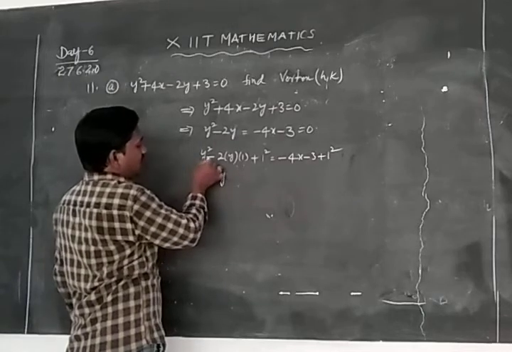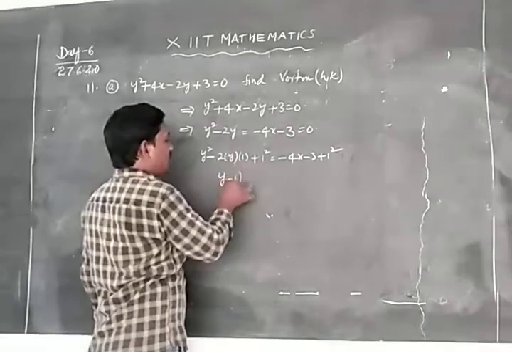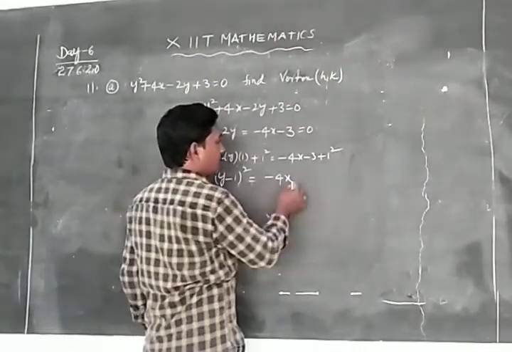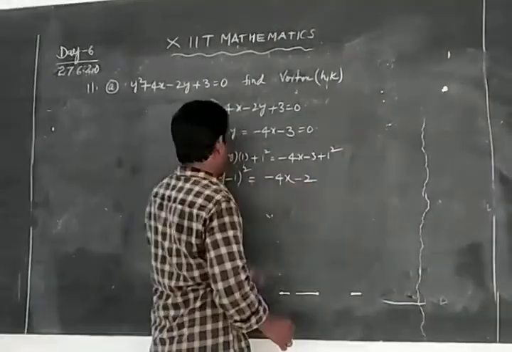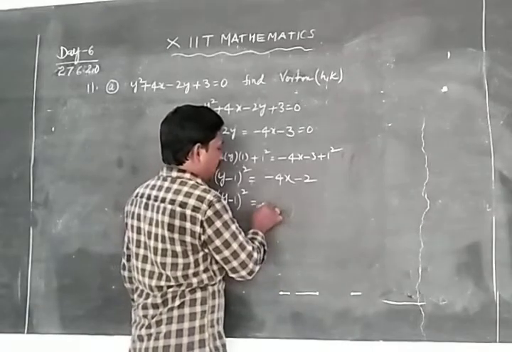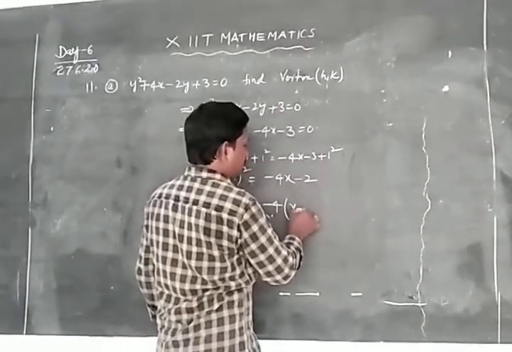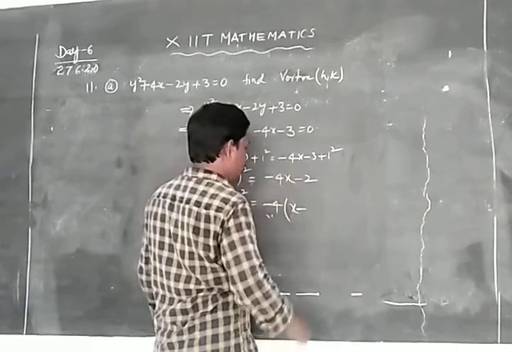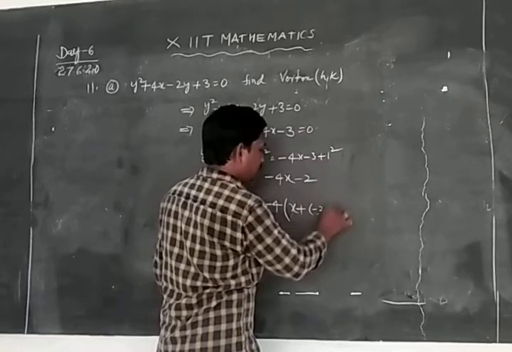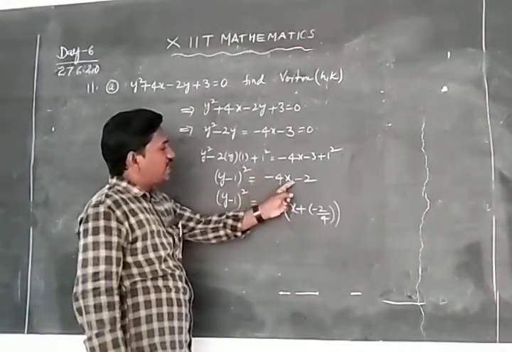Y square minus 2y plus 1 is y minus 1 whole square, equal to minus 4x minus 2.